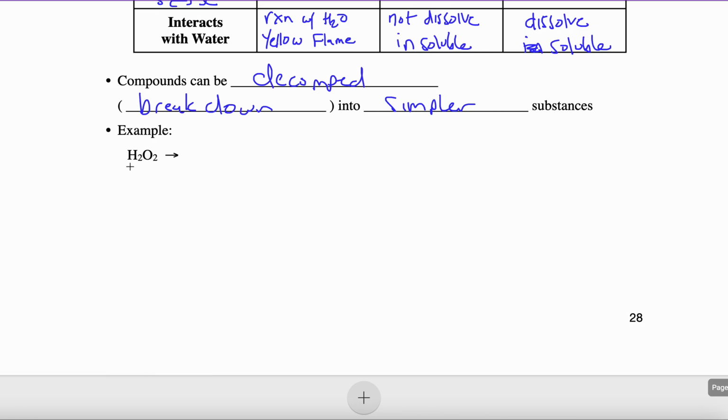When you allow it to sit in the presence of light, it chemically breaks down. So remember, we have this structure of the hydrogen peroxide. So this is a compound, and what it breaks down into is it will produce water, whose structure is different, has a different ratio, but it also produces and sets free the element oxygen.